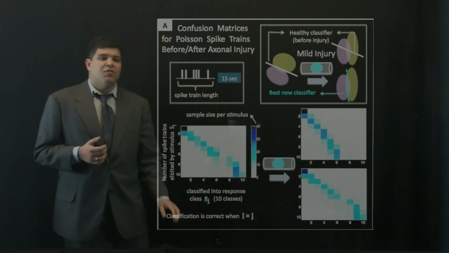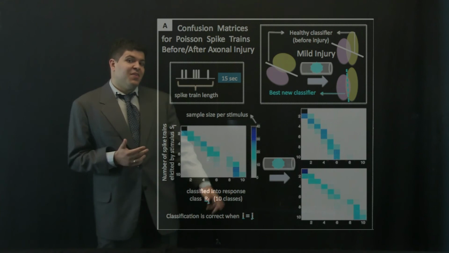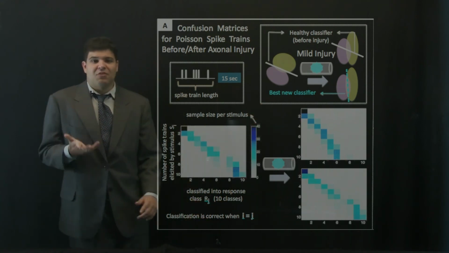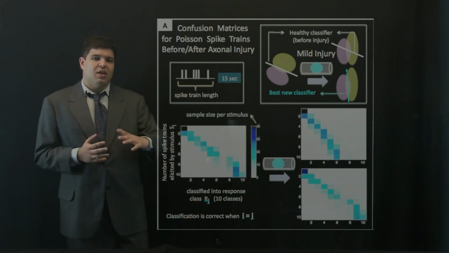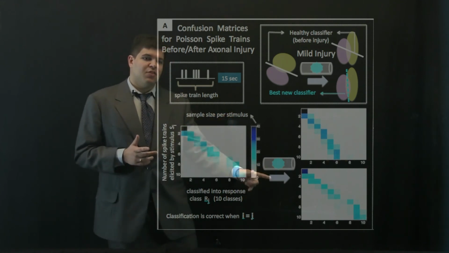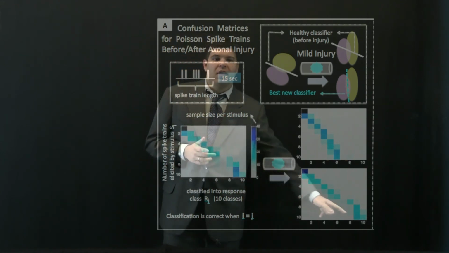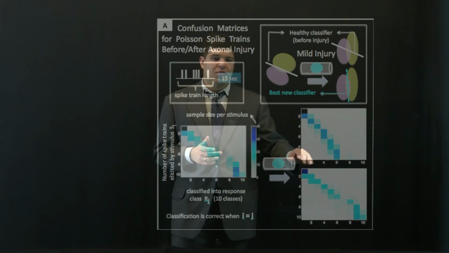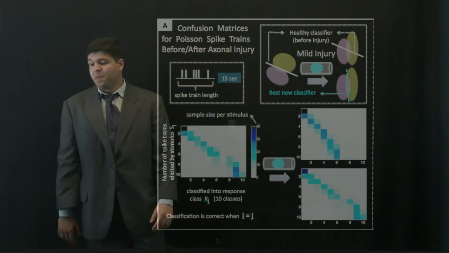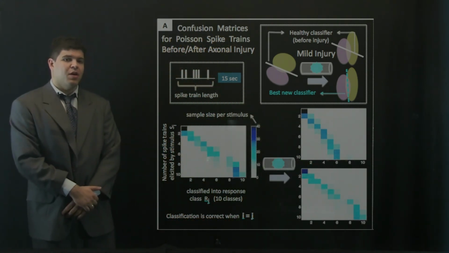But there is still a new classifier that you can use. If you tweak the criteria, you can still get a somewhat diagonal structure.